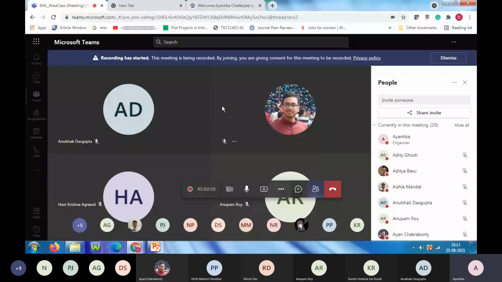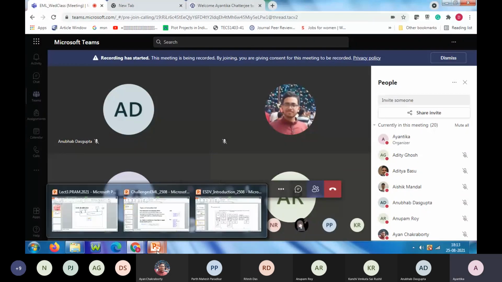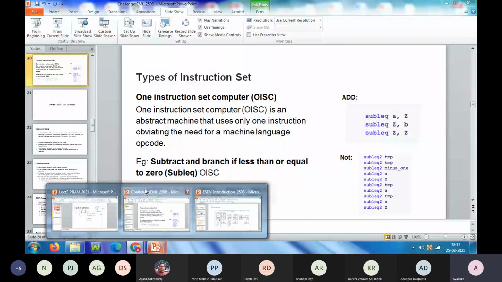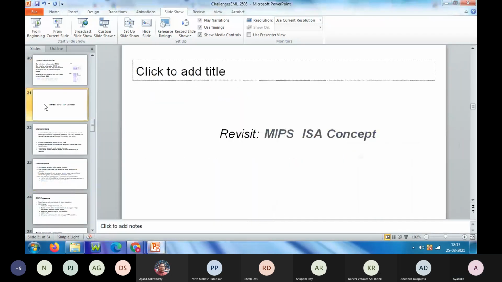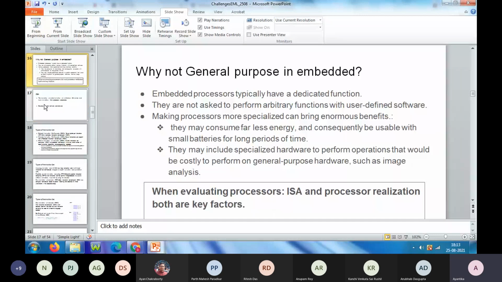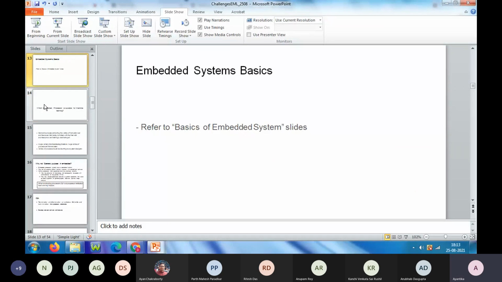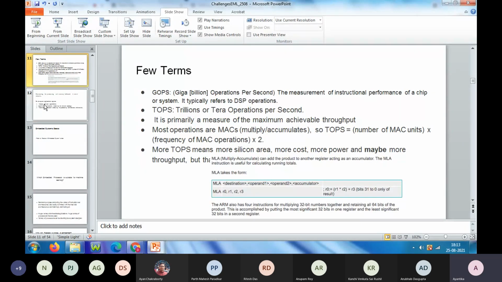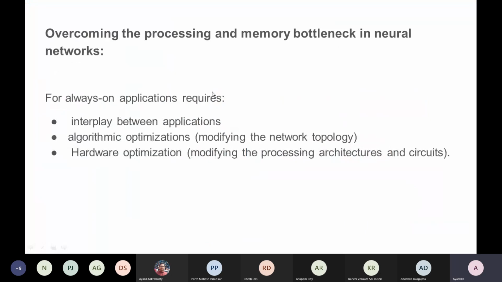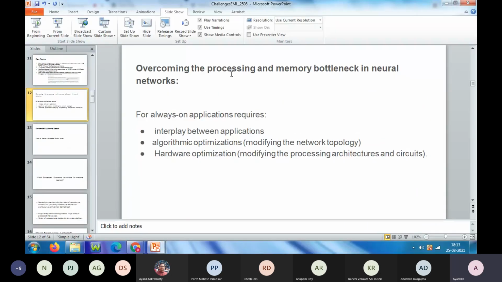One answer you may have understood is a processor that supports this type of multiply and accumulate functionality in an efficient way, because we will be doing it repeatedly.